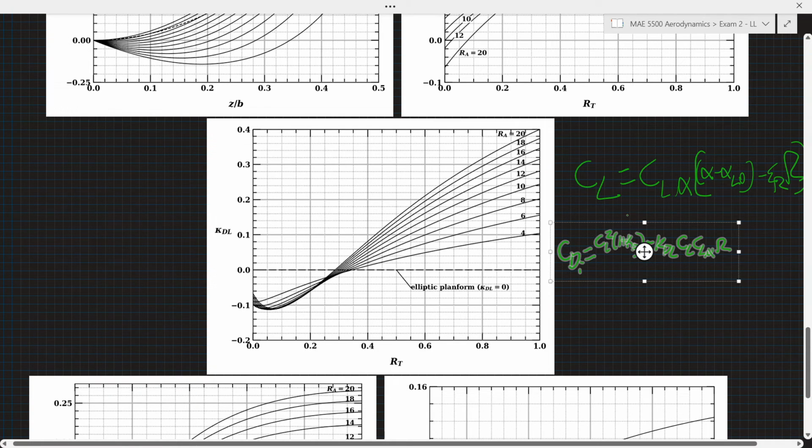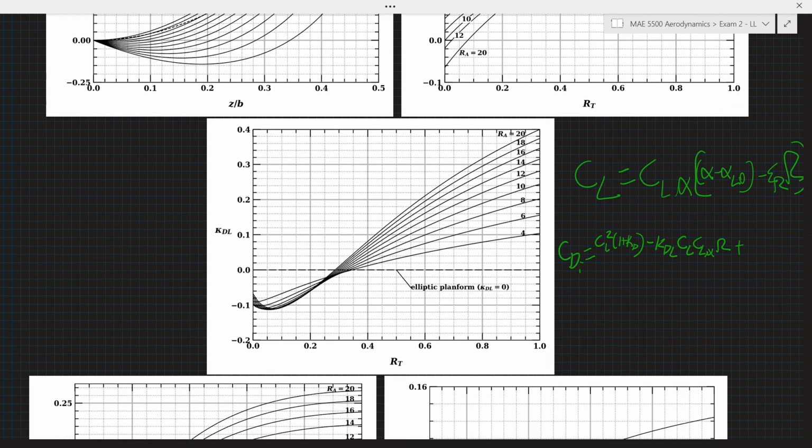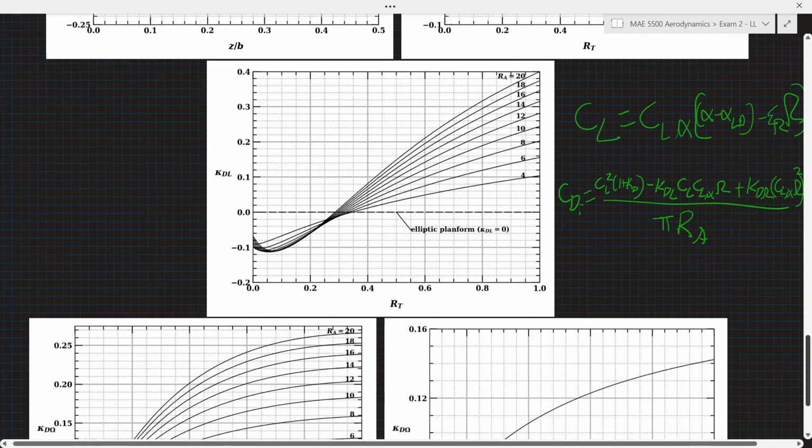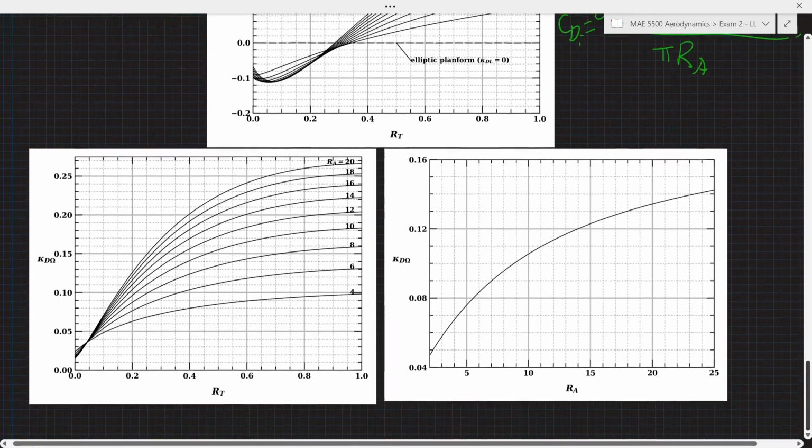Okay, plus kappa D omega times CL alpha omega squared, all of that divided by pi RA. Now taking a look back over here, we're going to decrease induced drag in this range, and now over here we're going to increase our induced drag as a function of taper ratio and aspect ratio.